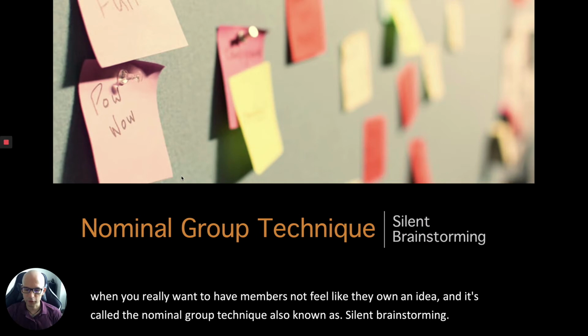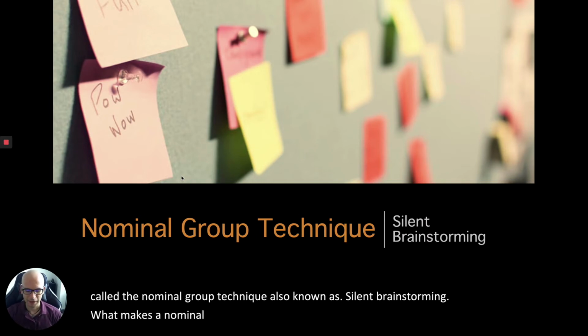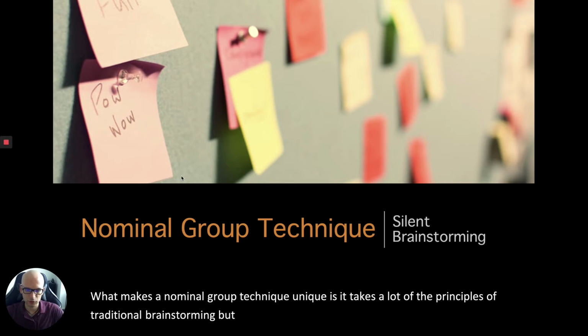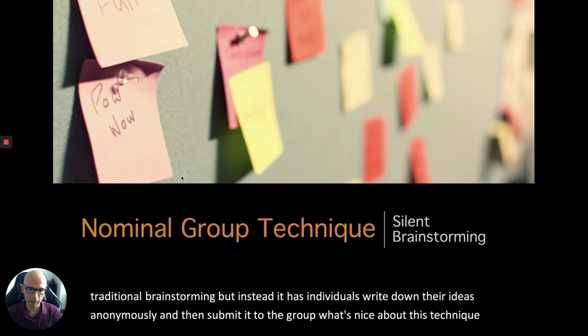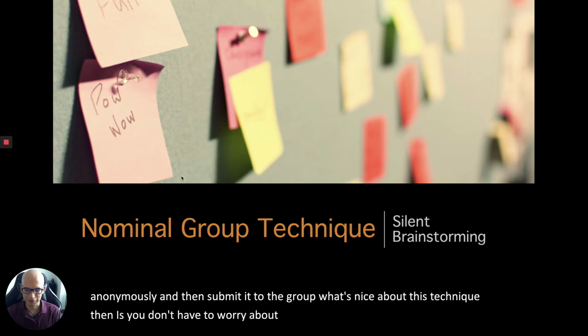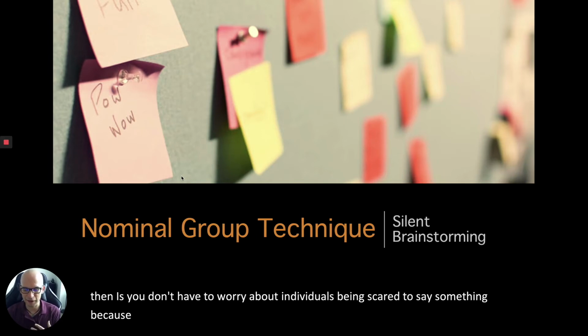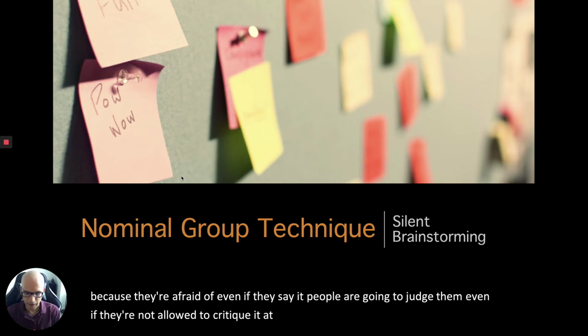What makes the nominal group technique unique is it takes a lot of the principles of traditional brainstorming, but instead it has individuals write down their ideas anonymously and then submit it to the group. What's nice about this technique is you don't have to worry about individuals being scared to say something because they're afraid people are going to still judge them, even if they're not allowed to critique it at that time. And it separates the idea from the person.